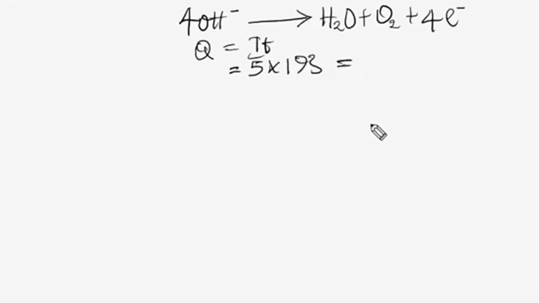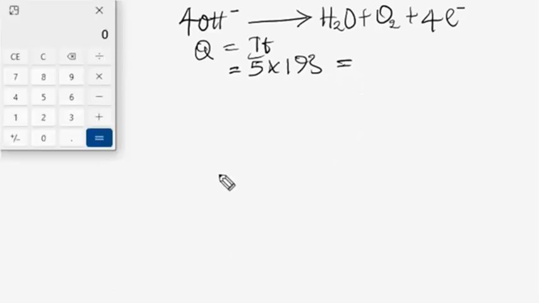So we're going to bring up our calculator and solve this together. Here, let's do 5 times 193. That's 965. So this would be 965 coulombs. That's the charge here.